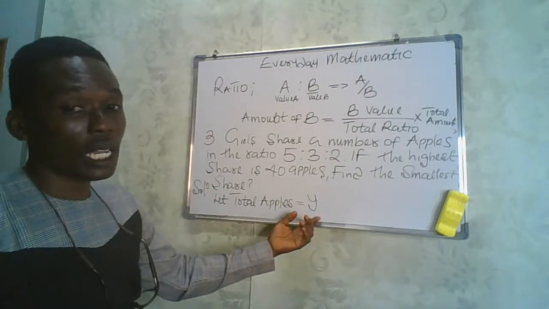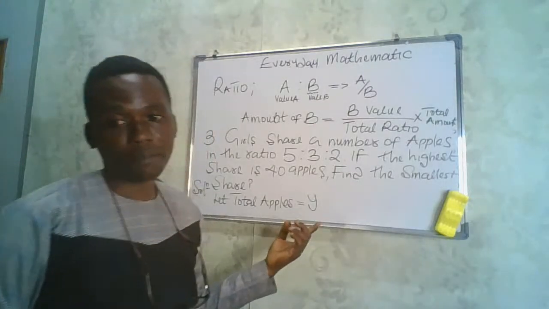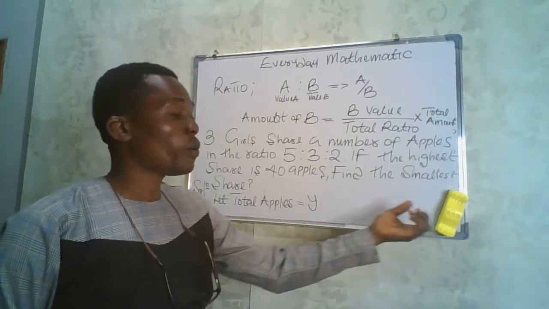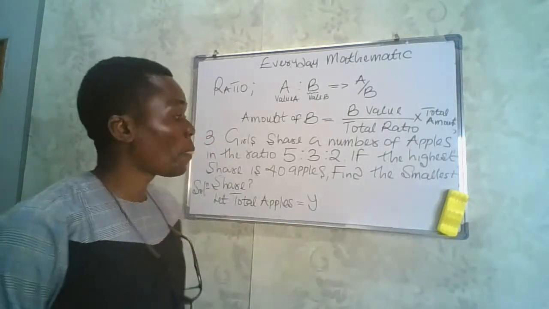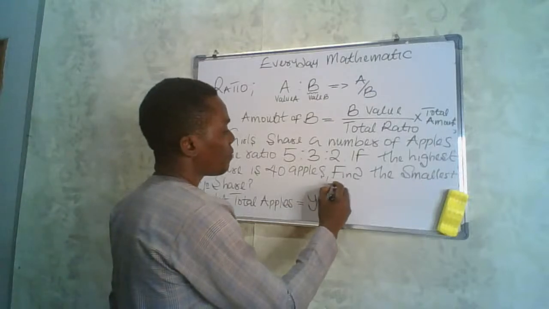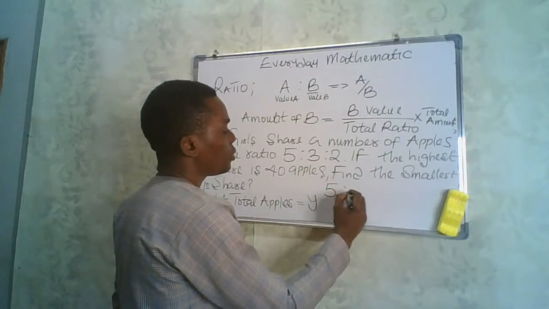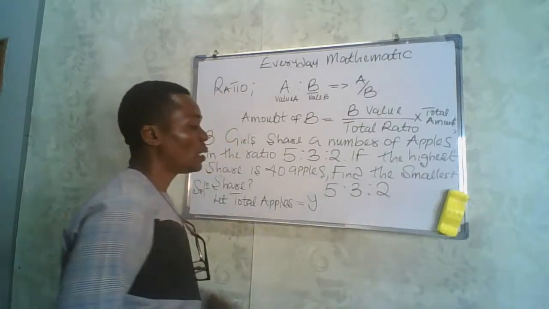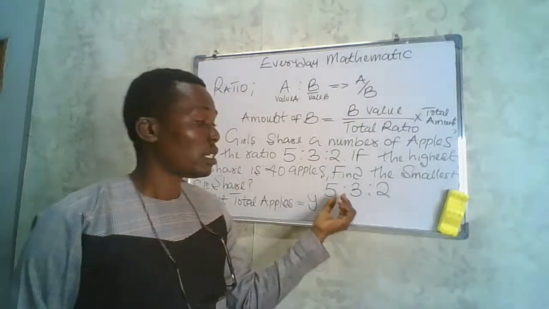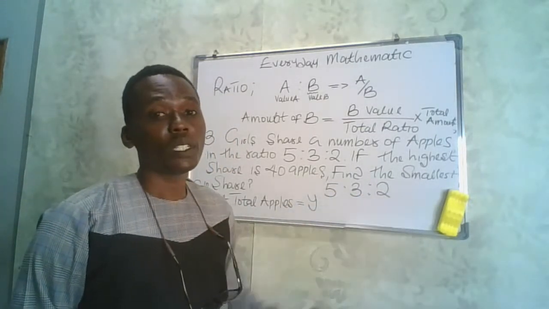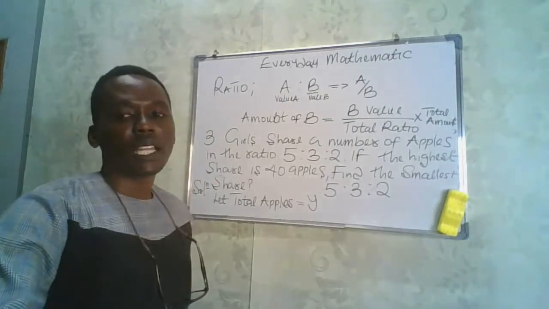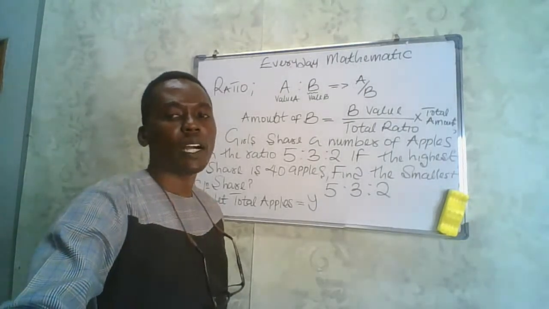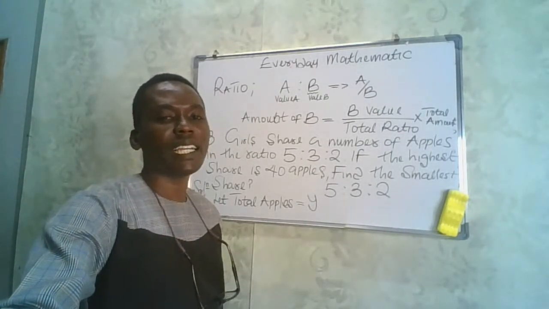If we let the total apples be y, remember that we are given a ratio, 5:3:2. This is for girl 1, girl 2, and girl 3.